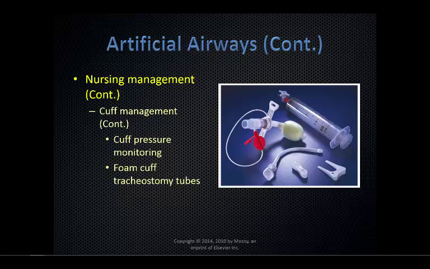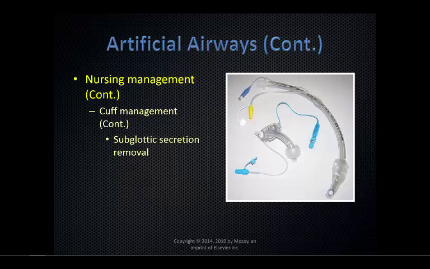Okay, and we pretty much discussed that. So, with artificial airways, one of the new features that we have is this thing called subglottic suction. Both for tracheostomies and for endotracheal tubes, you can see this extra port here.